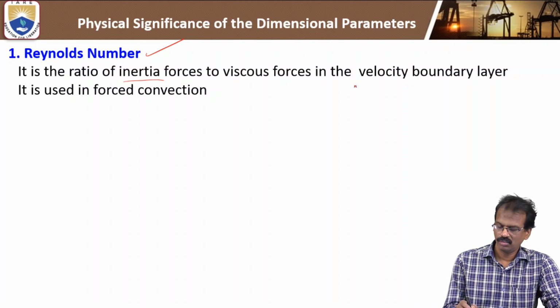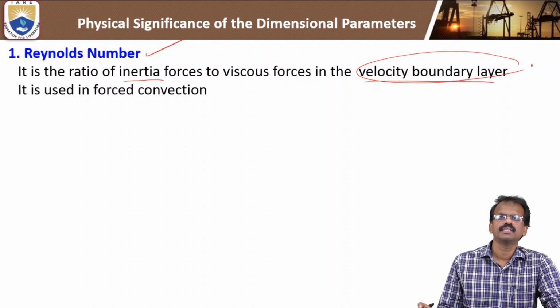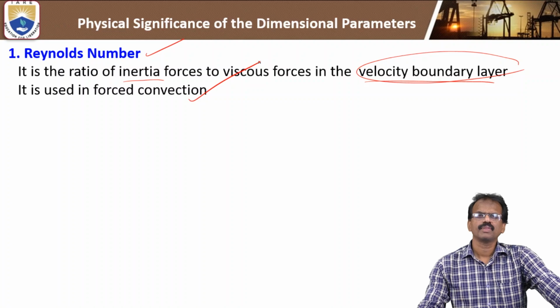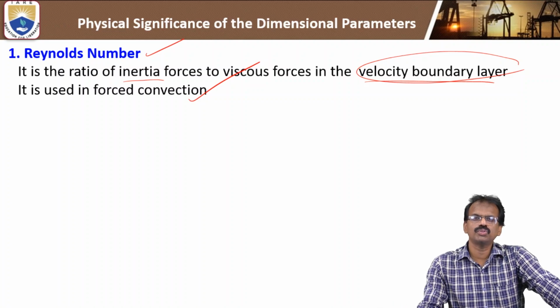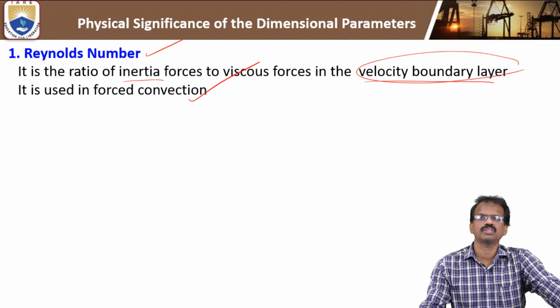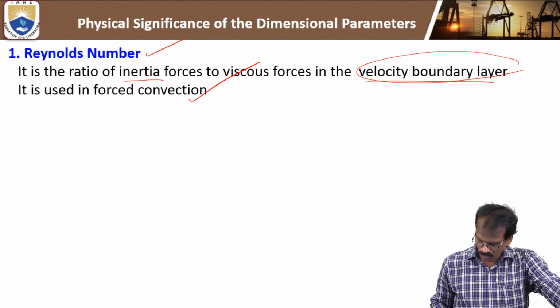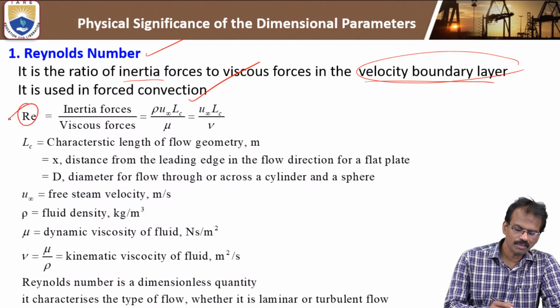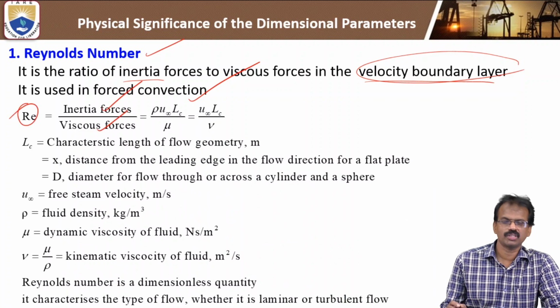We will see what the velocity boundary layer is. The Reynolds number is used mainly in forced convection. It is used to explain the forced convection process, not the natural convection process, because it includes the velocity. Here we will see the formula. Reynolds number is equal to inertia force by viscous force.